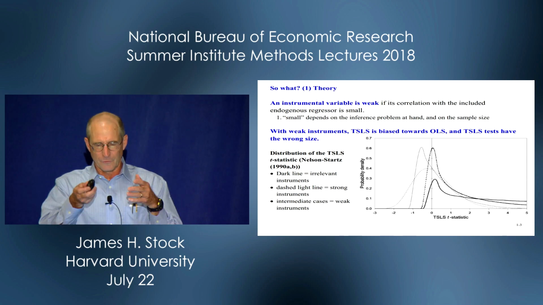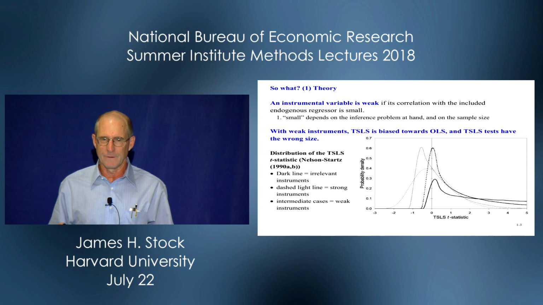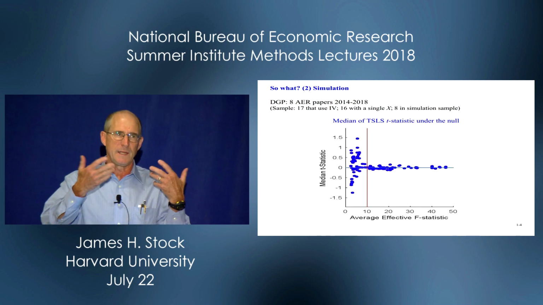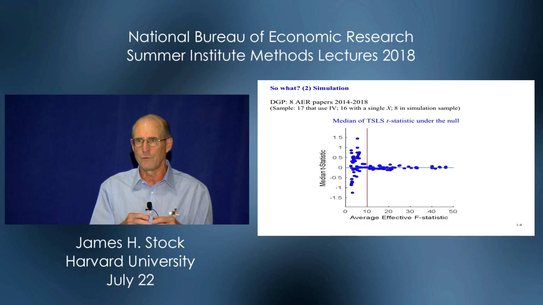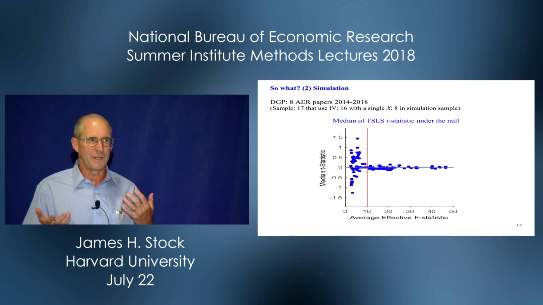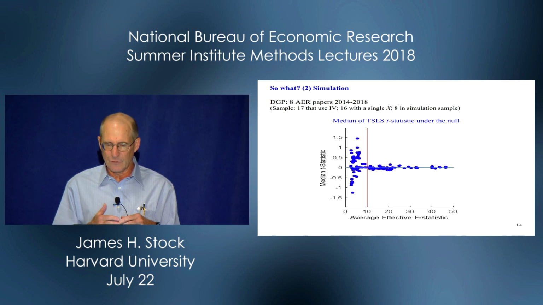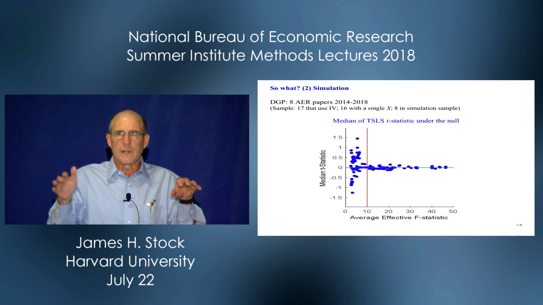So as I mentioned, Sophie went and collected data from the 17 AER articles, and I'm not going to describe the DGP that they put together. Isaiah's going to go through that. Isaiah and Sophie put together a DGP, and now we're doing a simulation.